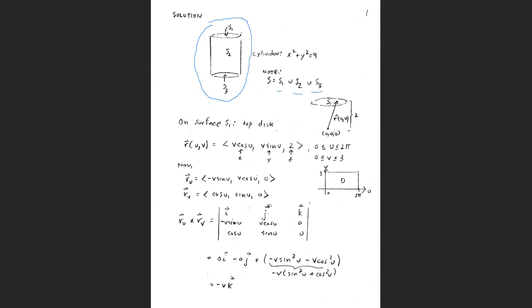S1 is the top disk, S2 is the cylinder, and S3 is the bottom disk. So parameterization is very important.